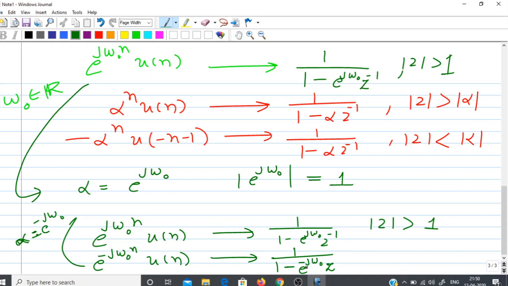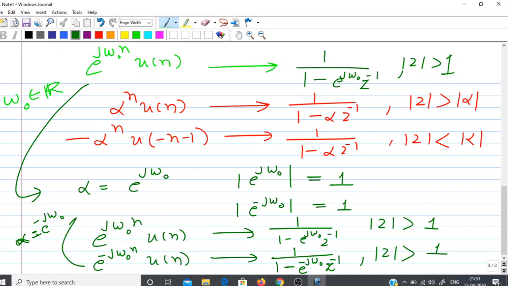So I have written alpha as e to the power minus j omega naught multiplied by z inverse. And what would be the ROC? Mod z greater than mod alpha. So what would be mod of e to the power minus j omega naught? Again it is 1. So it is greater than 1.